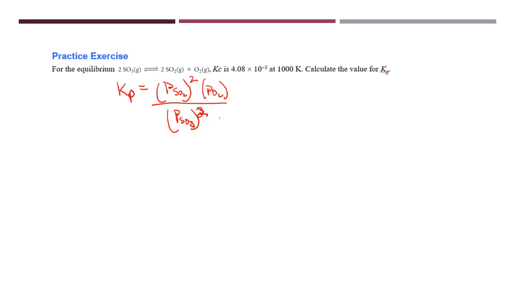Now, in order to solve this problem, however, this is a conversion between Kp and Kc. So hopefully you remember the Kp value is equal to Kc times the RT raised to the delta N. The delta N is the number of gaseous moles of products minus the number of gaseous moles of reactants. So I have 2 plus 1, so I have 3 moles of gaseous products, and I have 2 moles of gaseous reactants. So my delta N would equal 3 minus 2, or 1.